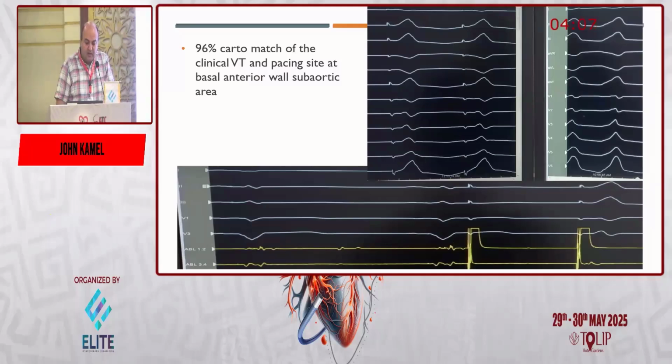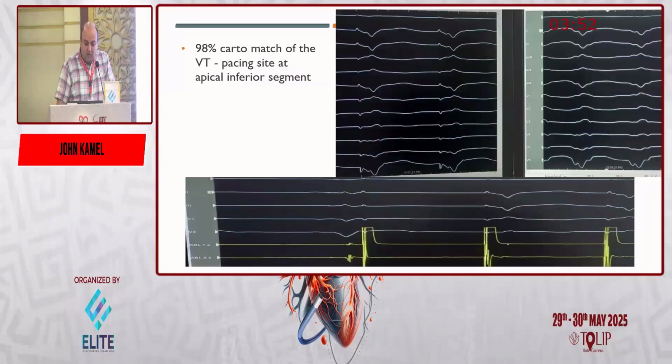As you can see here, there is a basin in the first ECG, and it matches the clinical VT about 96%, and also 98% CARTO match for another VT. In every late potential that matched the VT, I was burning that late potential.